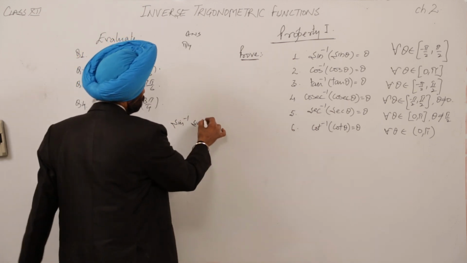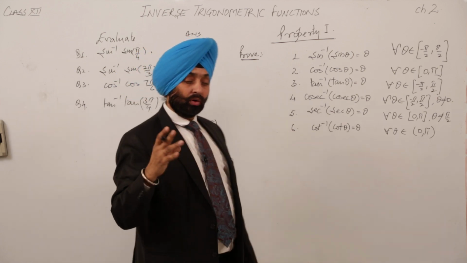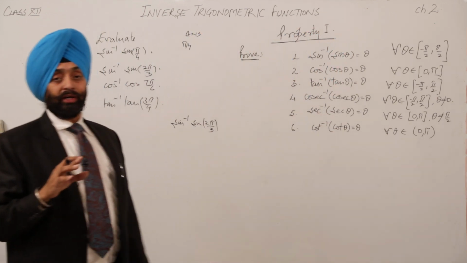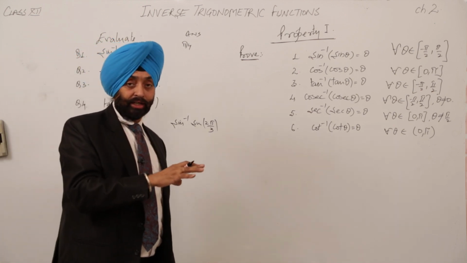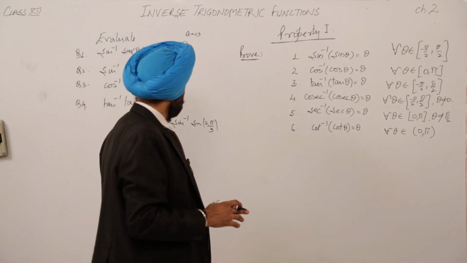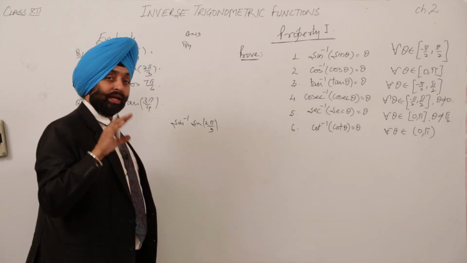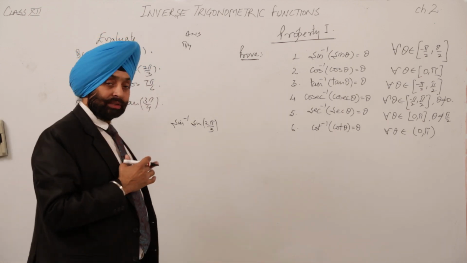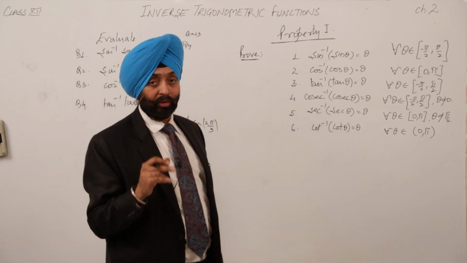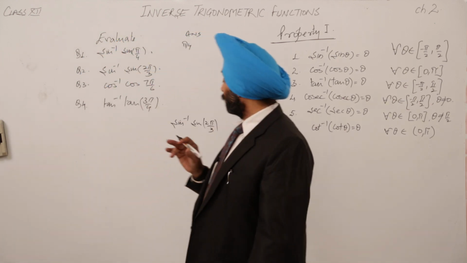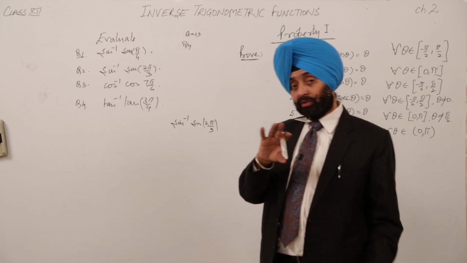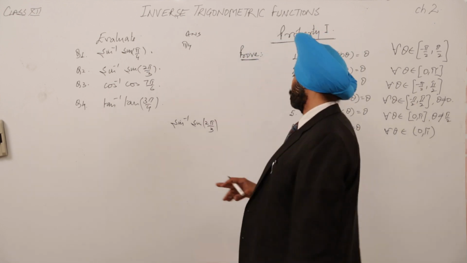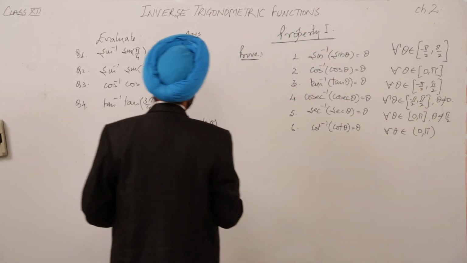In degrees, for sine, minus pi by 2 is minus 90, so the range is minus 90 to 90. Can you convert 2 pi by 3 into degrees? Pi is 180 degrees, so 2 pi by 3 is 120 degrees. So 120 degrees doesn't fall between minus 90 and 90. So what do we have to do? We have to convert it first. So what can we write?